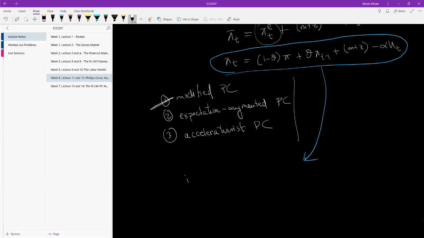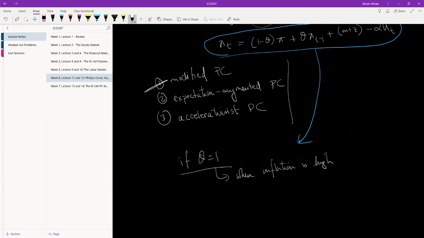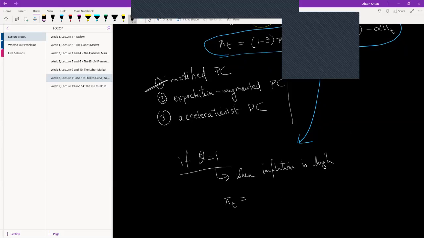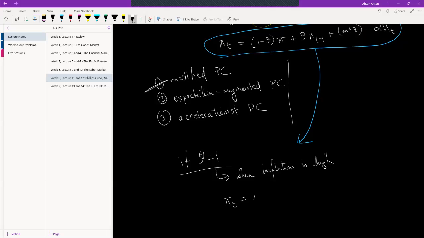And if θ is 1, which is applicable when inflation is high, what do we get? We get π_t equals π_t-1 plus m plus z minus α u_t.